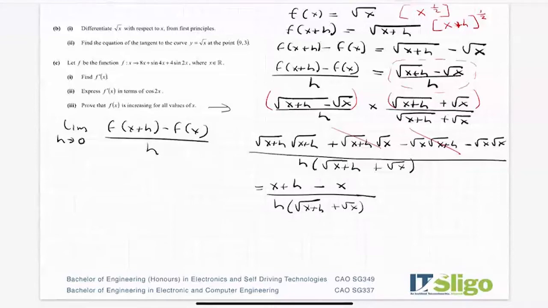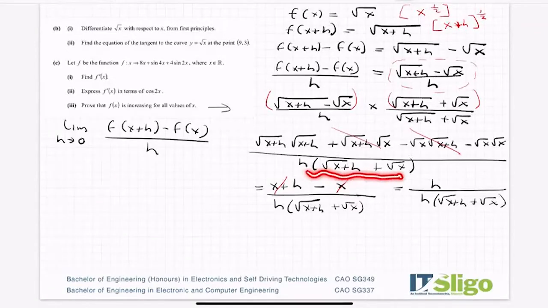I have to live with the consequences of that because I introduced it there. So x minus x cancels on the top, and I'm left with just h over h times root x plus h plus root x. No big deal if you had multiplied in the h up here.